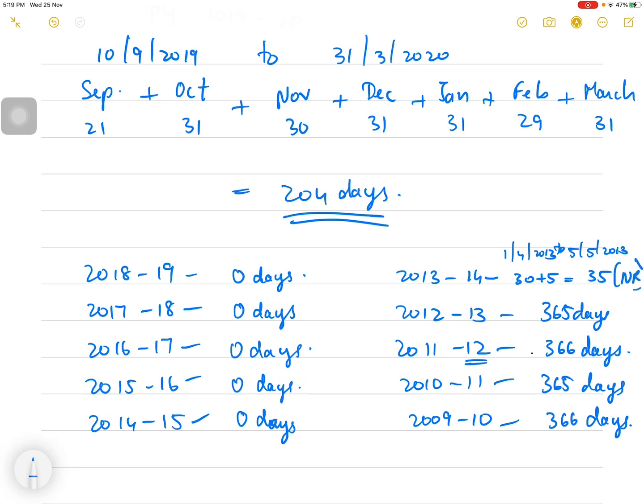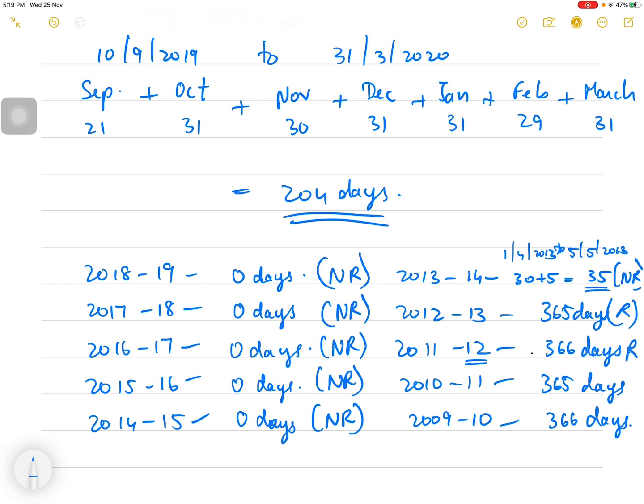She does not satisfy even second basic condition. Her stay in India is less than 60. Okay, so non-resident, non-resident, non-resident, non-resident, non-resident. But before that she was always resident, resident, resident and resident, right? So out of 10 years, 4 years she is resident.